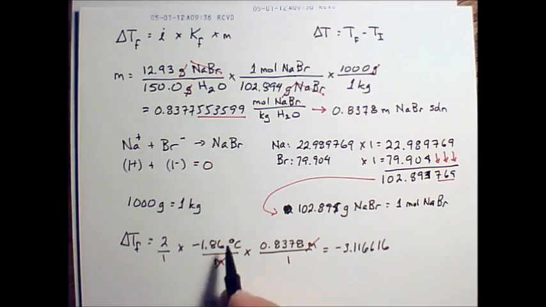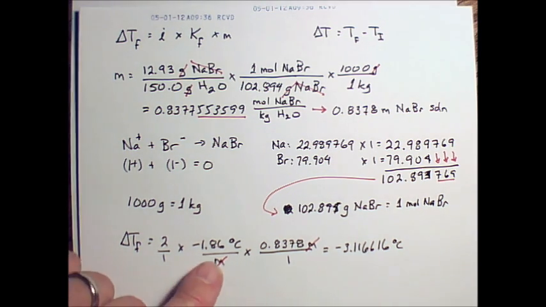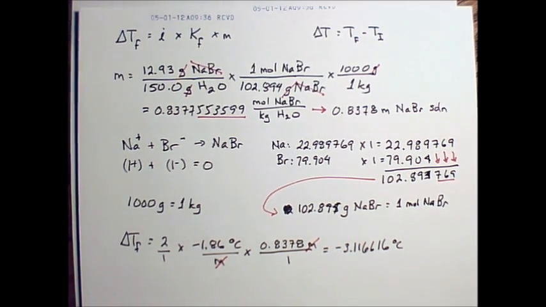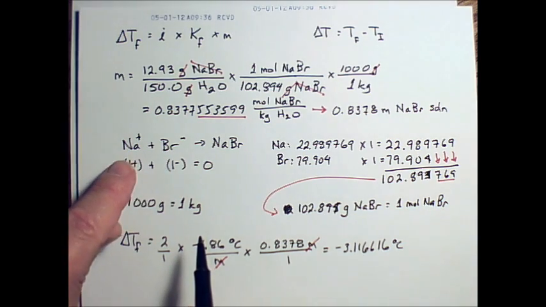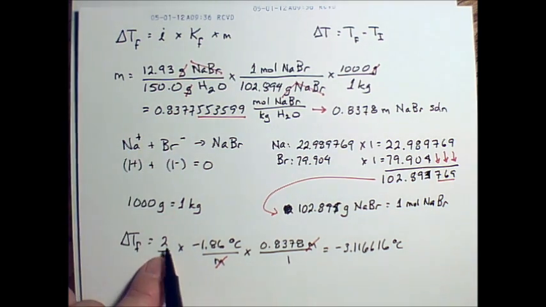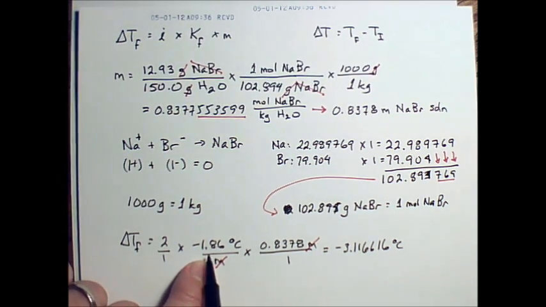The units we have left are degrees C. We need to look at the numbers and figure out which measured or calculated numbers have the least digits, which one is the least precise. This is not a measured or calculated number. This is a counted number. We counted the number of ions, 1, 2. So we don't use this one. We do use this one. This one was calculated, and this one was calculated as well. And this one has the least digits, only 3 digits. So our final answer needs to have 3 digits.